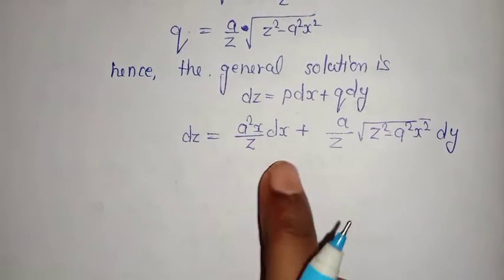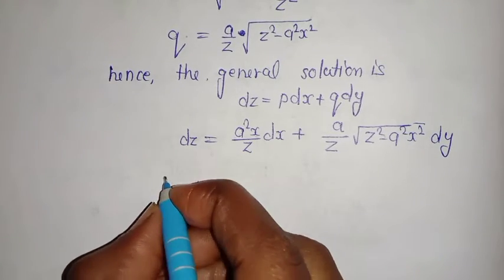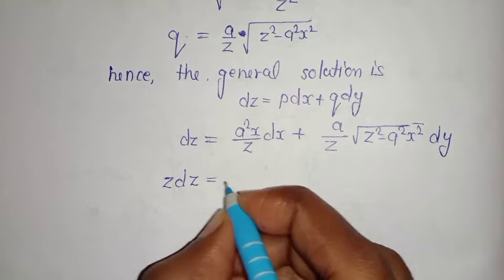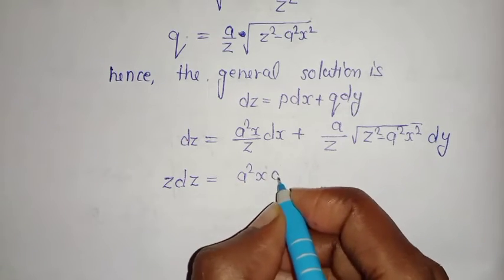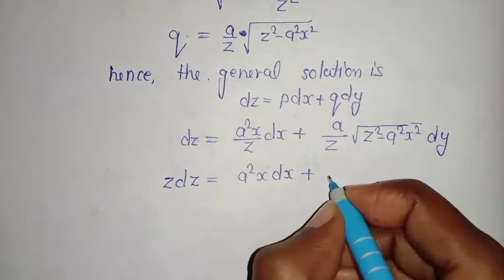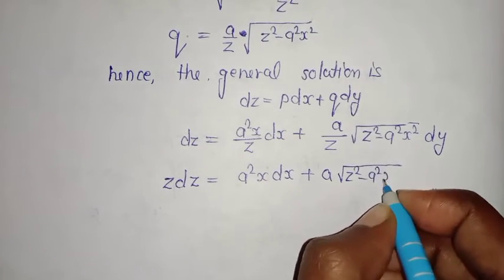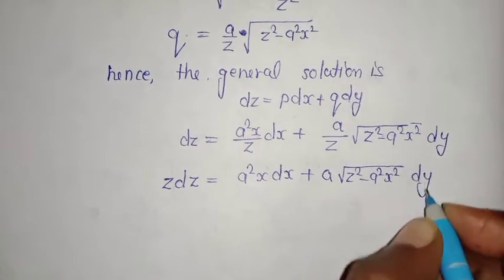Now if we take z at one side, then this becomes z dz is equal to a square x dx plus a root of z square minus a square x square into dy.